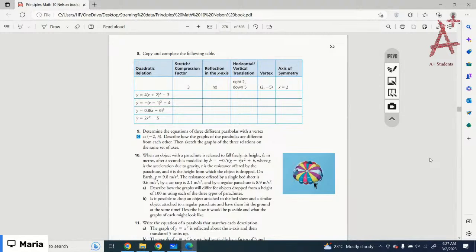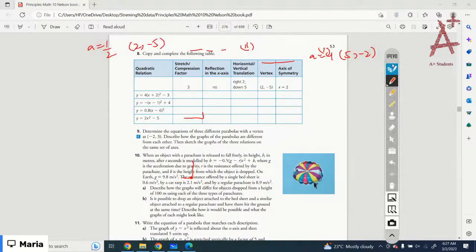The first one is stretch or compression factor. So the equation is y equals 4 times (x plus 2) whole square minus 3. So here 4 is the stretch or compression factor. Got it?